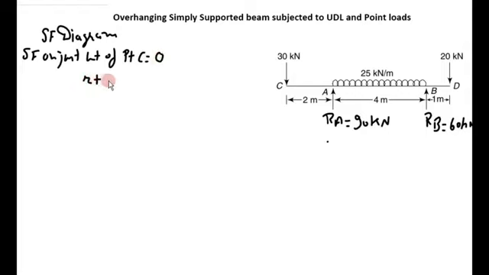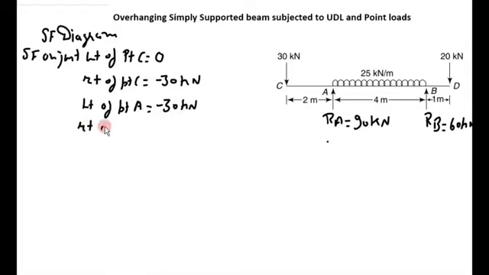Then take just right of point C. Place your finger just right and sum up all leftward forces. There is one force, this is minus 30 kilonewton. The next one is point A. Take just left of point A, place your finger just left and sum up all leftward forces. Again there is one force, minus 30 kilonewton.